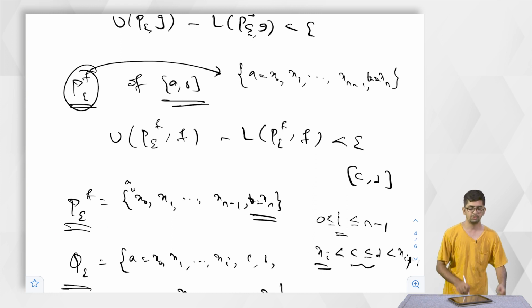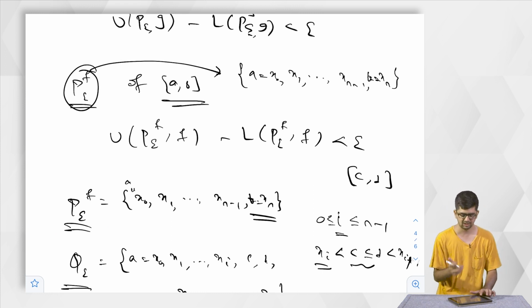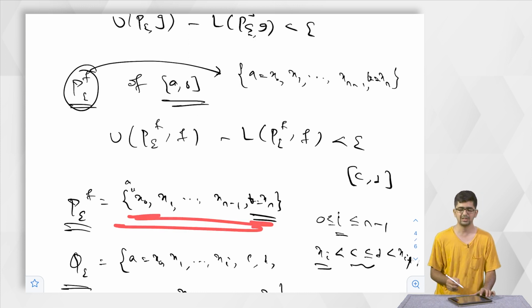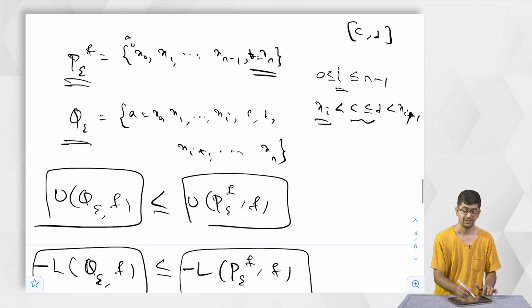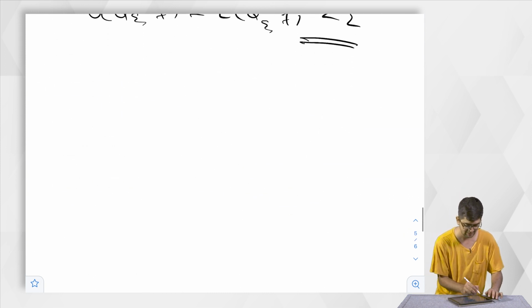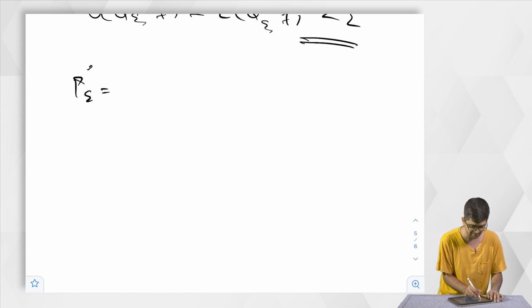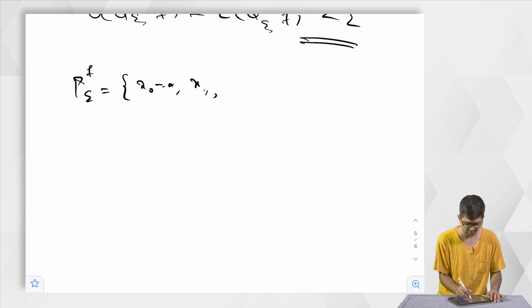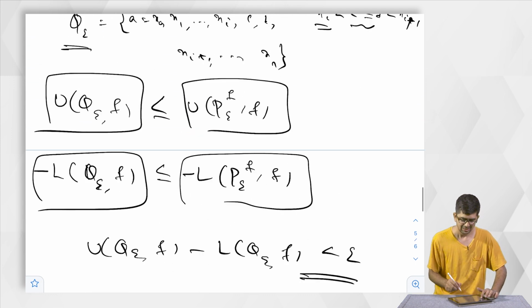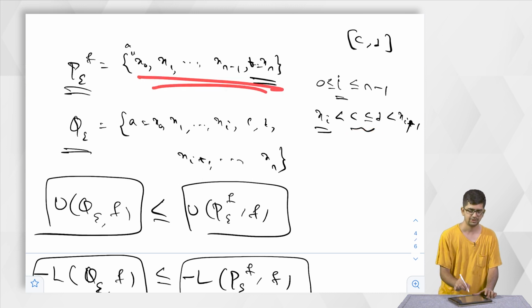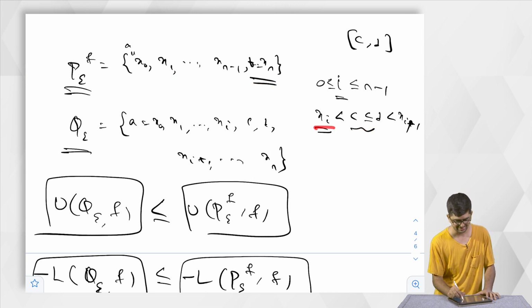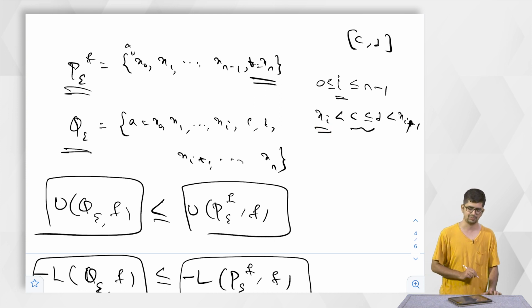Now suppose there is some element coming from c comma d in this partition. Then again you need to check for some i. Let me write down that. So suppose p epsilon f is equal to x0, that is equal to a, x1, dot dot dot. See here c and d are not elements of this, so there is some i for which xi is less than c, less than xi plus 1.